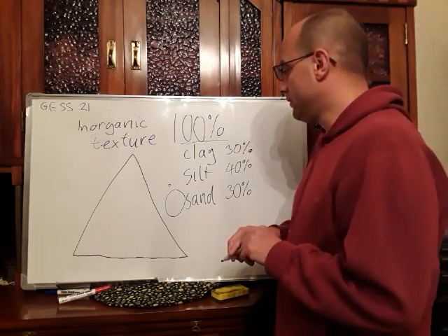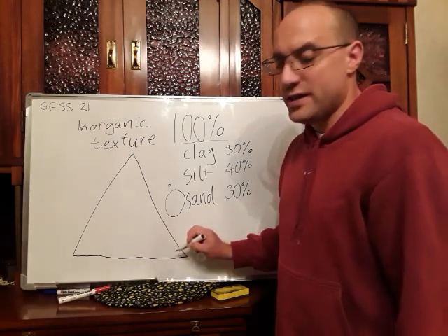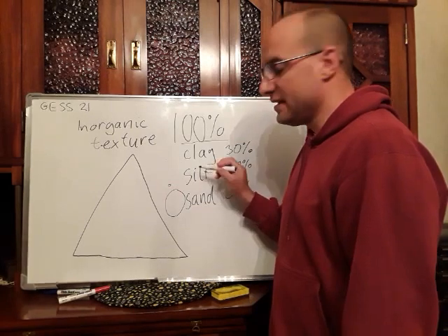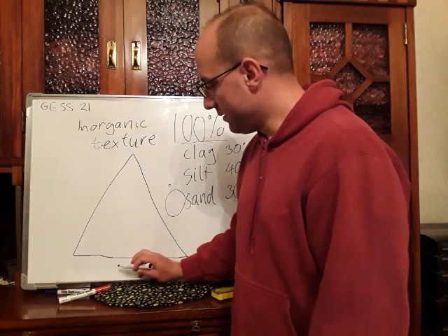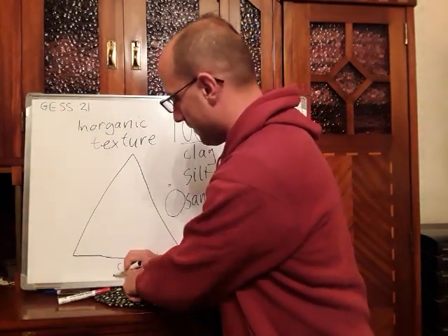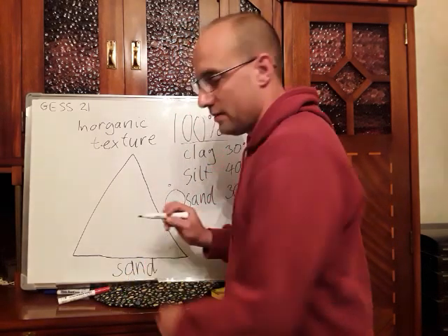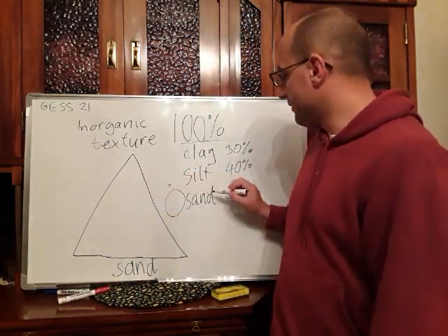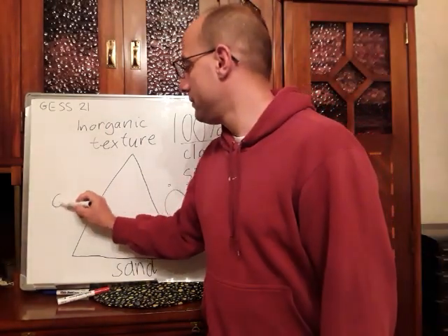So the label will be, in the first place, to say which side belongs to which grain size. And so we need to find the correct point. Sand will be on the bottom. And on the left, it will be the clay. So sand and clay will be neighboring each other here.